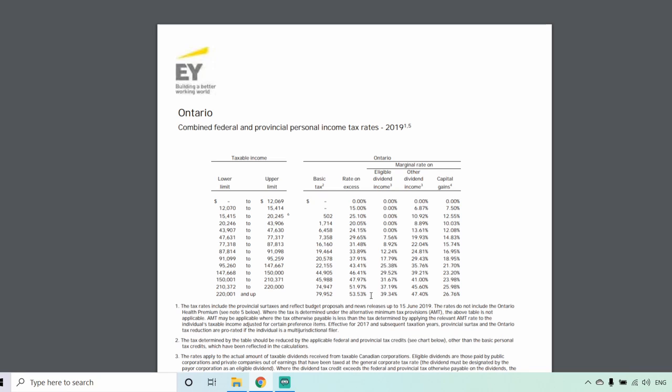So I make a $10,000 RSP contribution. It reduces my tax bill by $5,353. I earn $120,000. I make a $10,000 RSP contribution, knocking my taxable income from $120,000 down to $110,000.